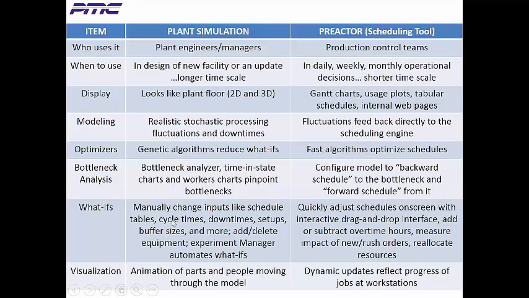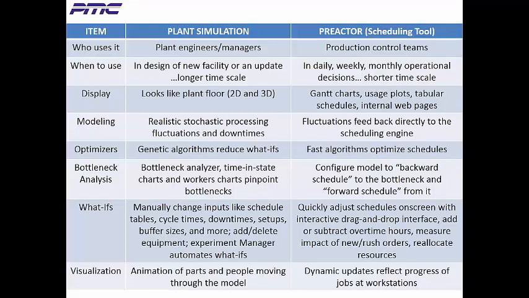There are a number of ways to do what-ifs in plant simulation, and in terms of changing, a number of parameters to the existing equipment, such as cycle times and downtimes, in terms of changing the equipment that might be installed in the hypothetical new facility or modified department. In the case of Preactor, the equipment, the amount of equipment, the parameters of the equipment are known and decided.